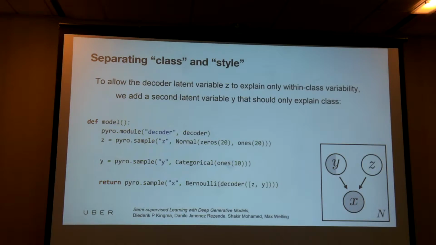Okay, well, so remember, our model, our decoder is still a complete black box, and there's not really any particular reason a priori that the model should use y to parameterize the variability between class in particular.